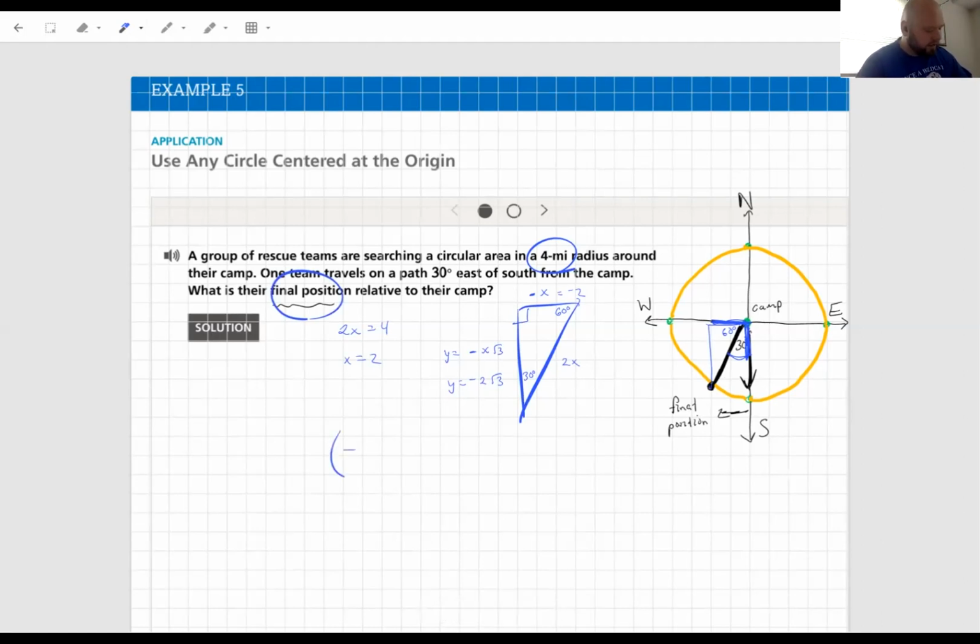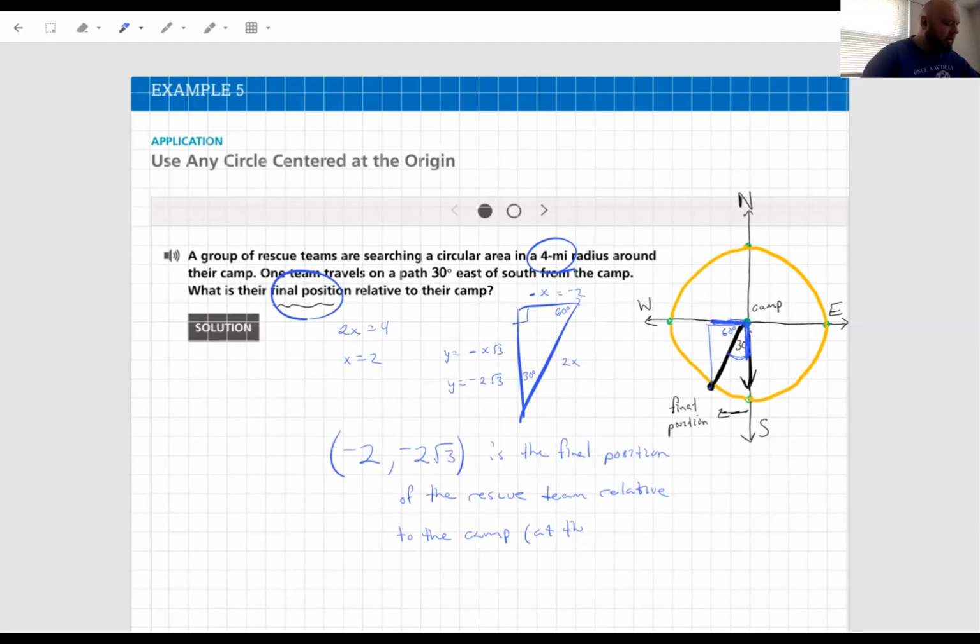It's going to be (-2, -2 square root 3) is the final position of the rescue team, relative to the camp, which is at the origin.